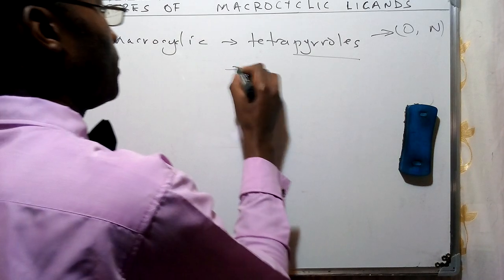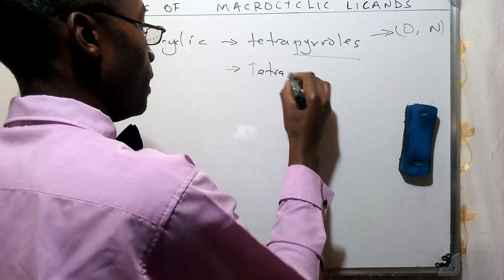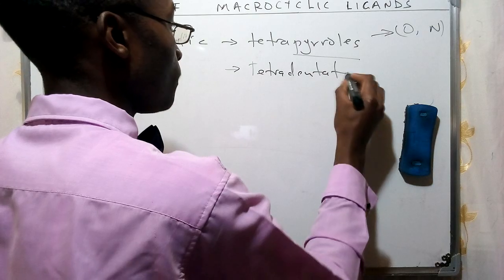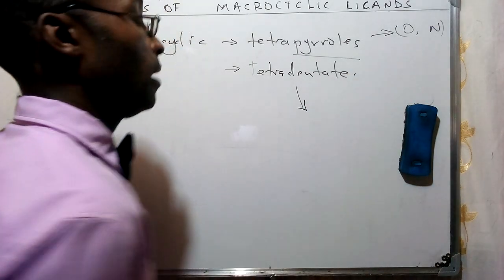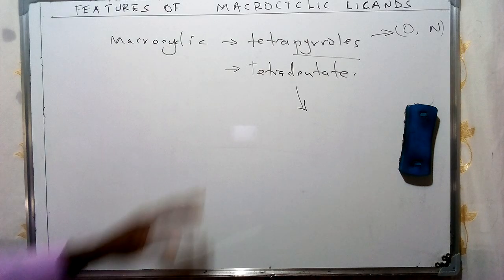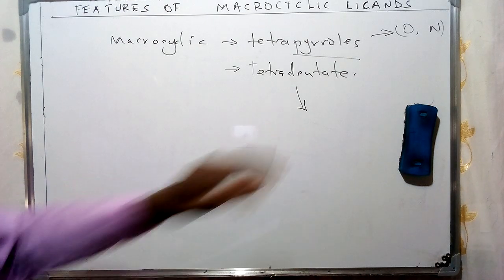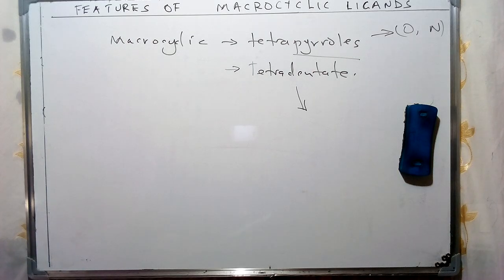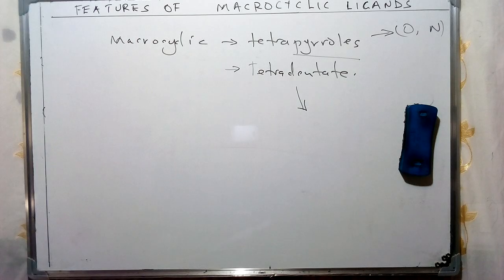These macrocyclic ligands are tetradentate, describing the coordination achieved from ligands having four centers that bind donor atoms to the atom at the center to form these complexes.